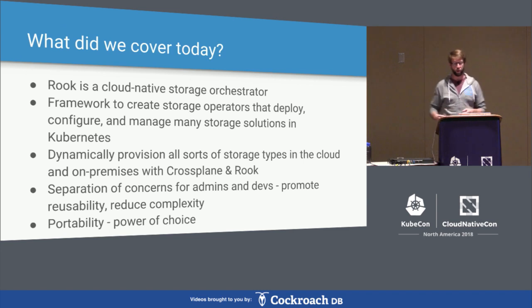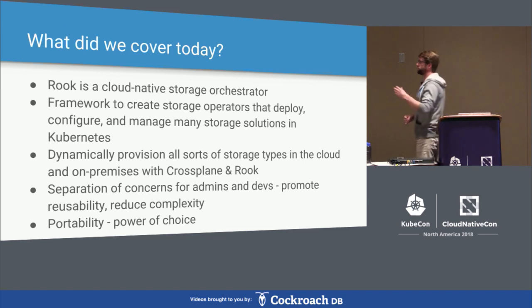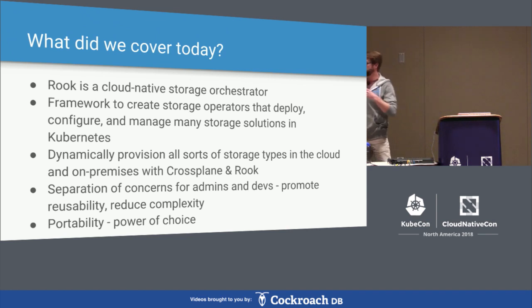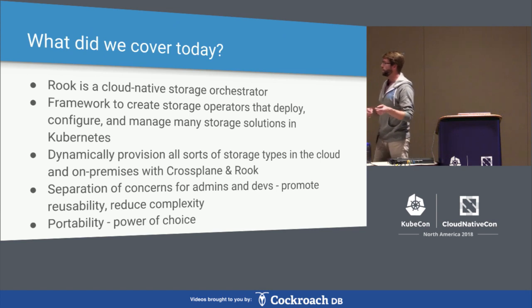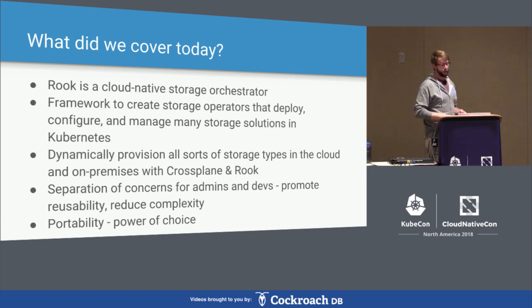Running that storage inside of Kubernetes can be a great idea with operators to make them reliable and do day 2 operations and provide storage right next to your applications that need to consume that storage. And then the thing that's really new here is this concept of dynamically provisioning on the fly new types of storage like databases and message queues, et cetera, in a very abstract and portable way.